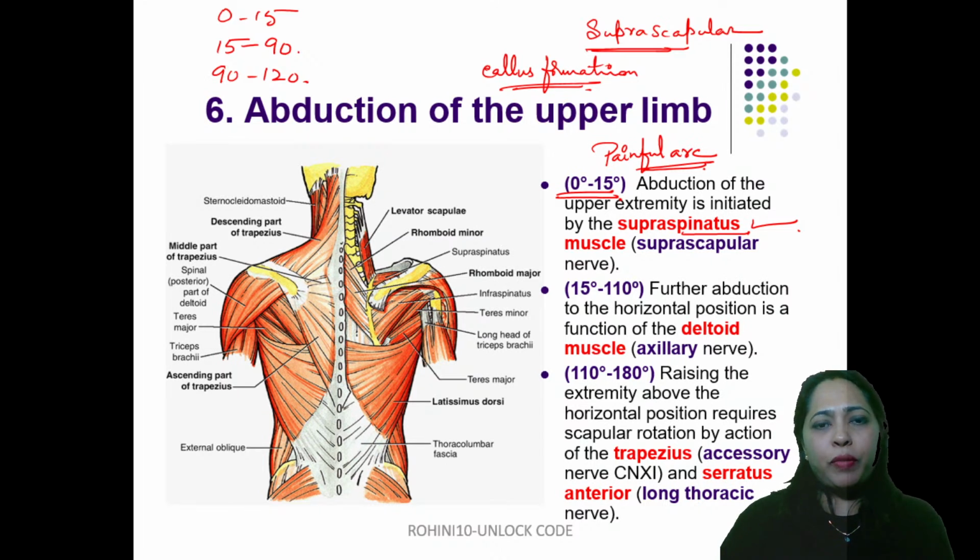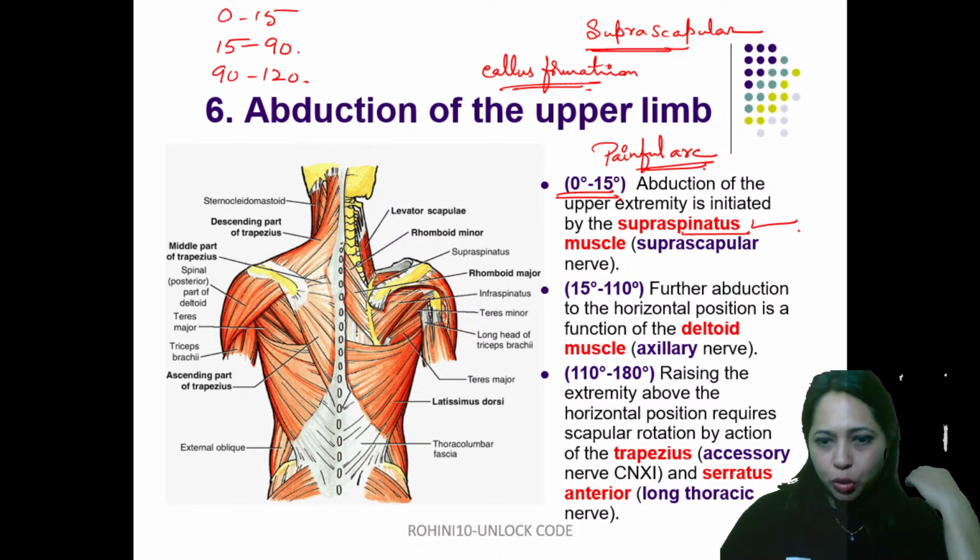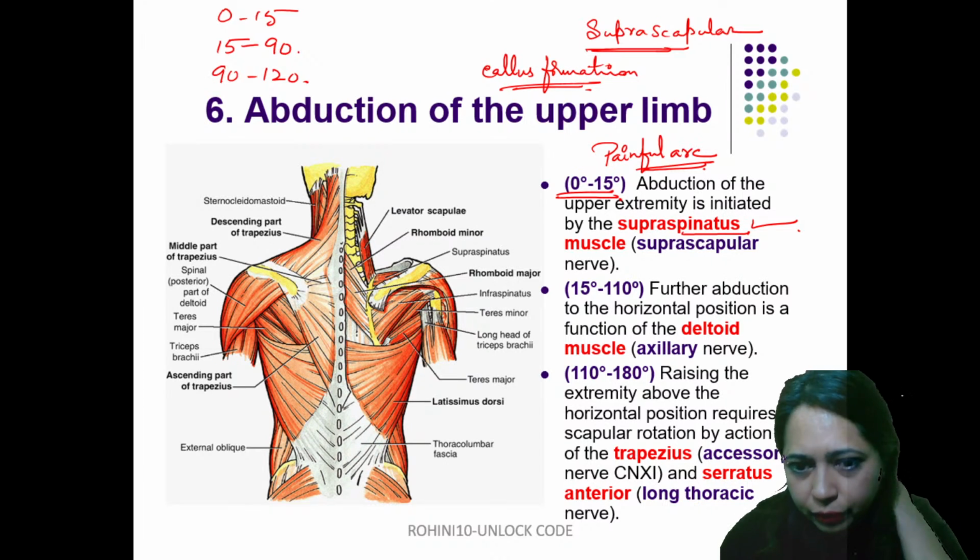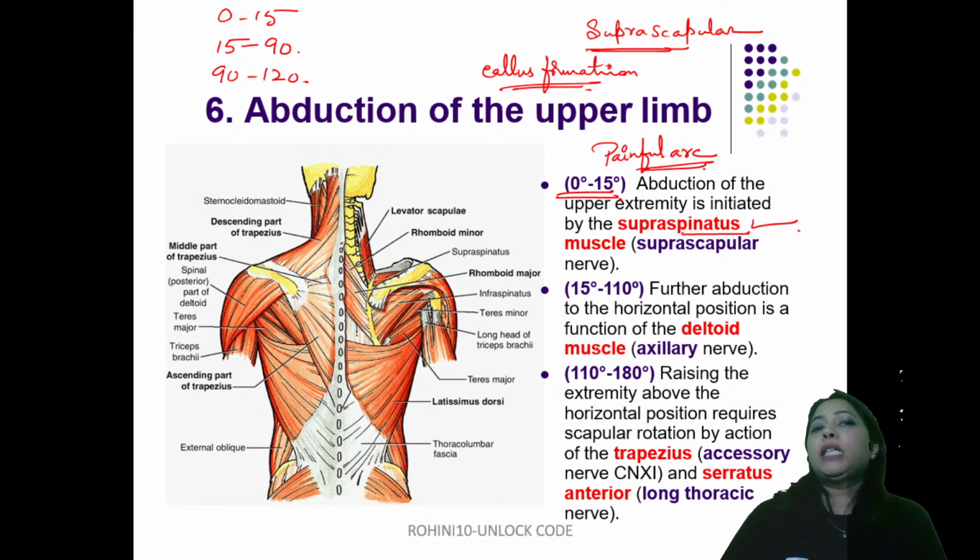For various reasons, it can get compressed, and that can result in the condition called painful arc syndrome that involves the supraspinatus muscle exclusively.